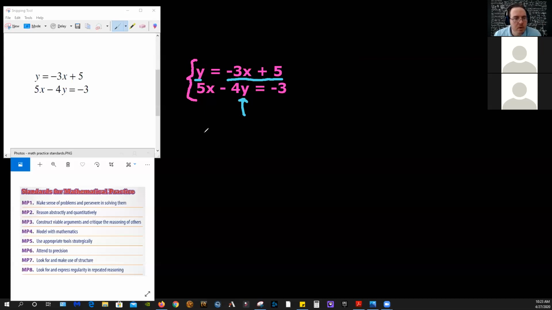Okay, so I'm still going to have 5x, but I'm going to have negative 4, and then in parentheses, I'm going to put negative 3x plus 5.